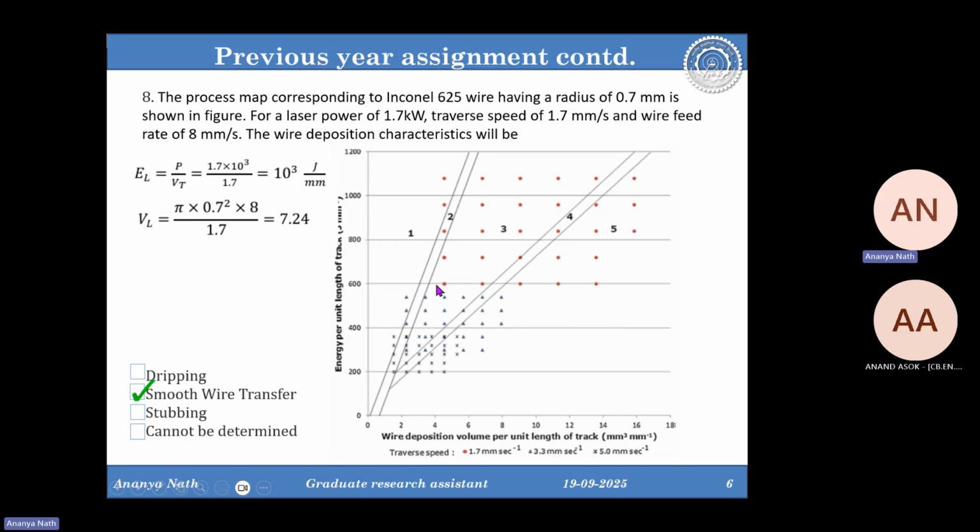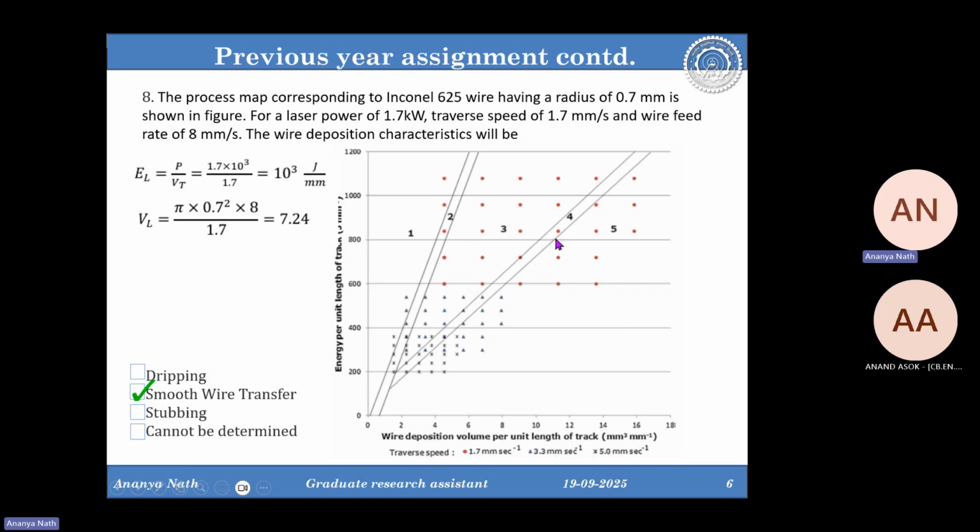So it's coming in this third area anyway, because my traverse speed is also 1.7. So it's the third area only. And then my wire deposition volume per length is coming in here. So that means I'm in this third zone. Third zone means the smooth wire transfer.